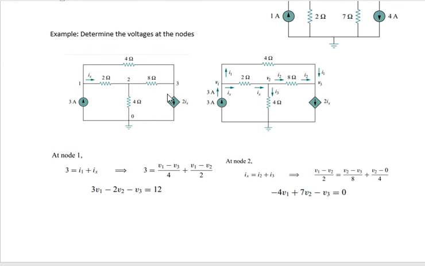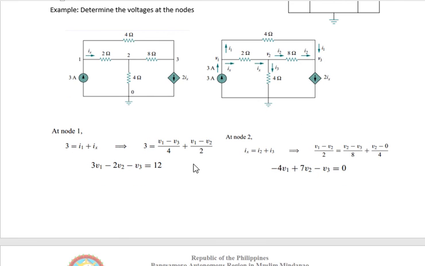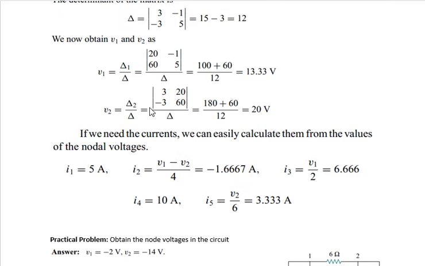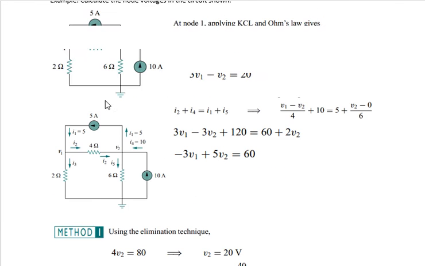Kung makikita niyo yung ganitong sign, ibig sabihin niyan naka-dependent siya sa kung ano yung naka-indicated dito. So in this case, IX, ibig sabihin naka-dependent siya dito kay IX. So kung ano yung value ng IX dito, ng current dito, yun din yung source dito. Okay? So take note of that. So nag-i-exist yan siya sa calculation. But all in all, parehas lang naman yun siya dito sa ating calculation dito.